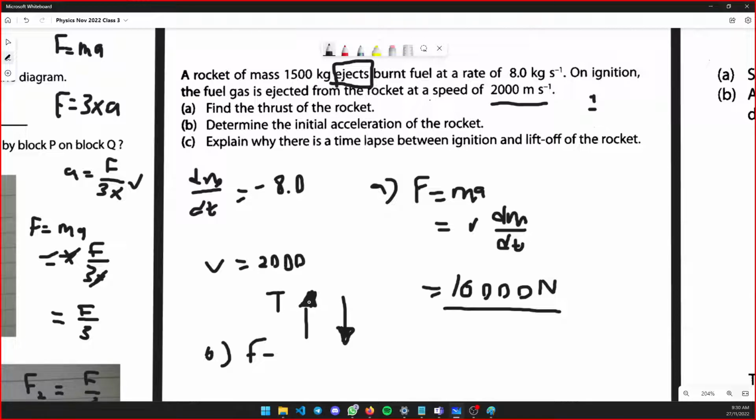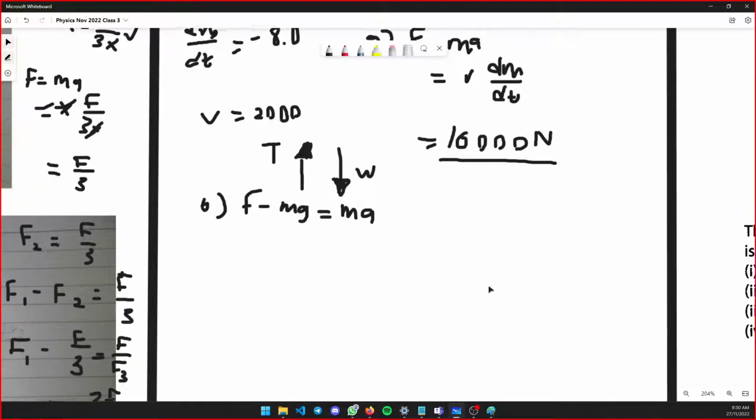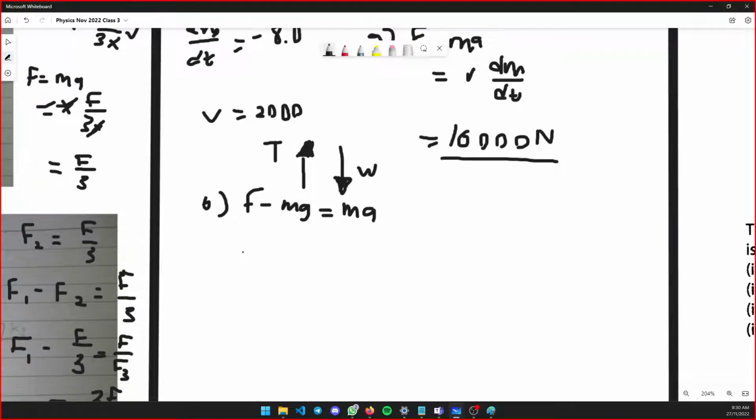Weight. Yes, weight. Good. So what is weight? We usually write weight as mg. And then that equals ma. So you already got the answer here. We know this is 1600 minus how much is mg?